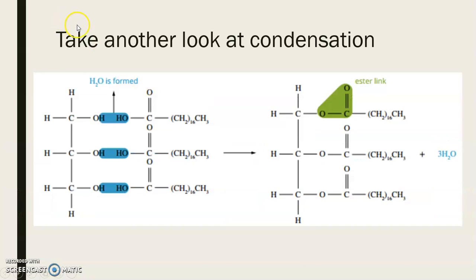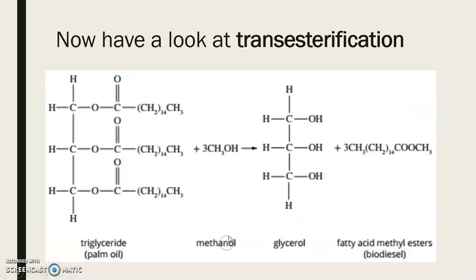Now, condensation, another look. So 1 glycerol and 3 fatty acids react, then 3 water are formed and 3 ester links are produced. Now, transesterification, if you still remember, is the reaction that we use to actually produce biodiesel, right?